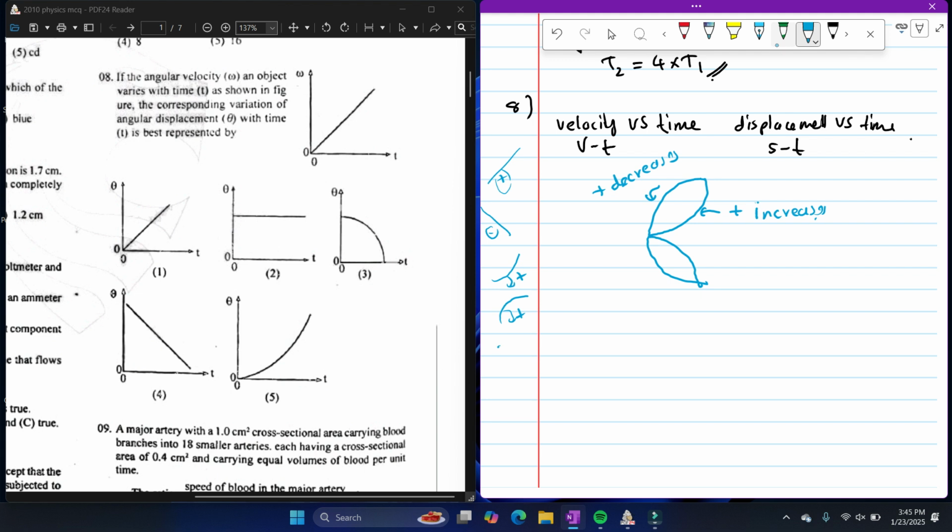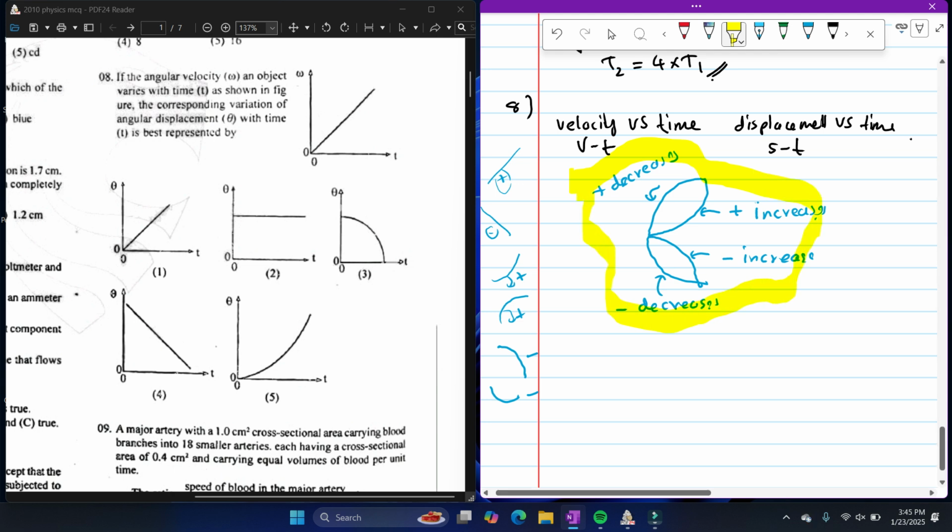Here this side the gradient is negative, so here negatively increasing, here negatively decreasing. So remember this part very thoroughly. And now we'll move on to the answer.